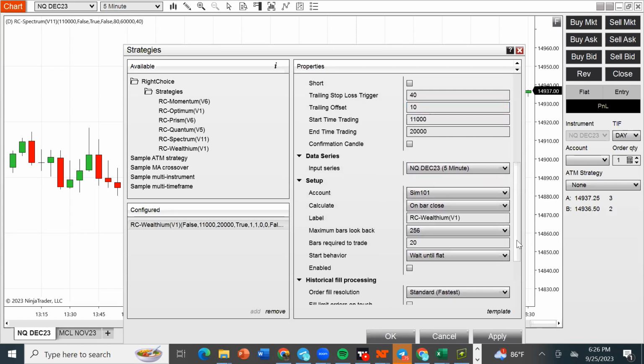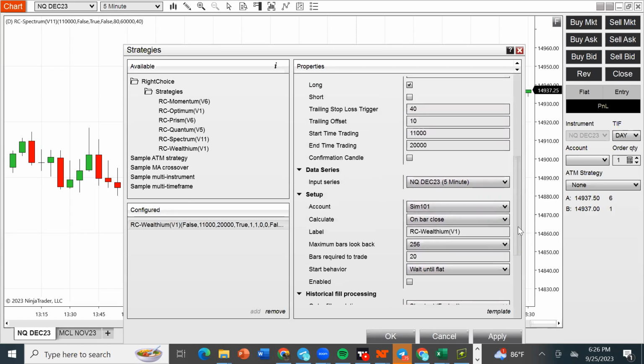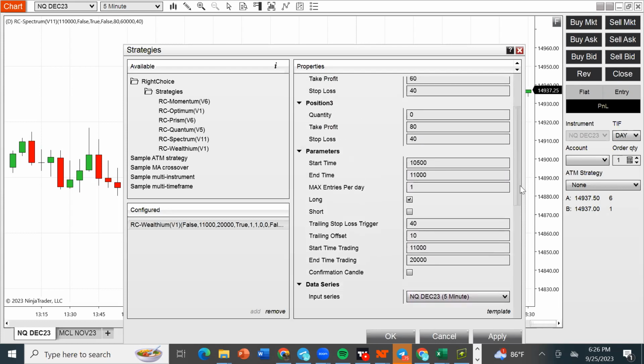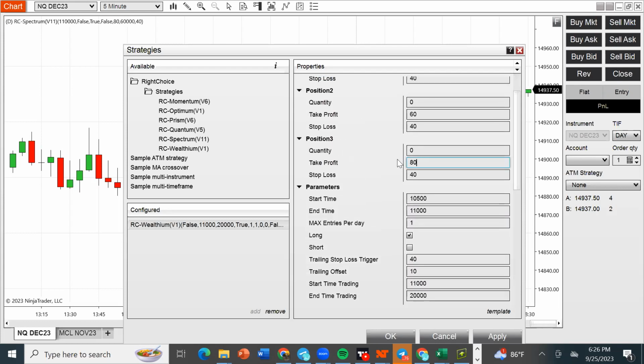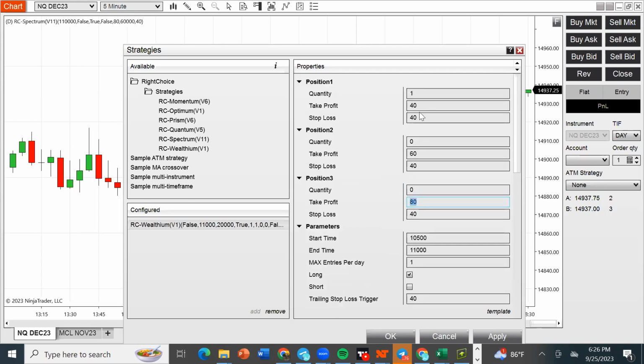Yeah, so target is 10. Actually, it is only one position, right? So for this one position, 10, 120. Because we are saying only max one quantity we want to take. So we have given all the parameters.